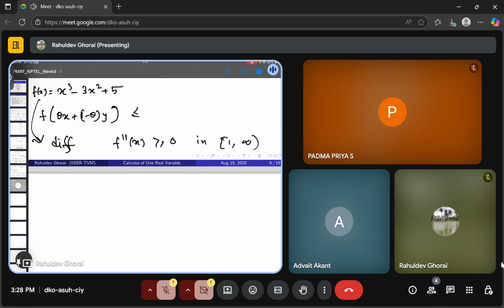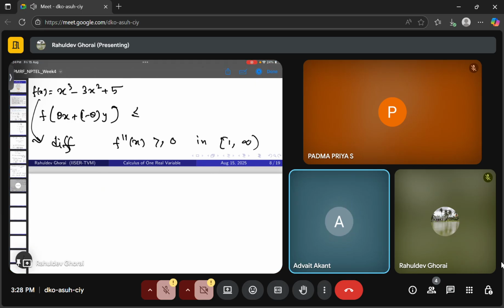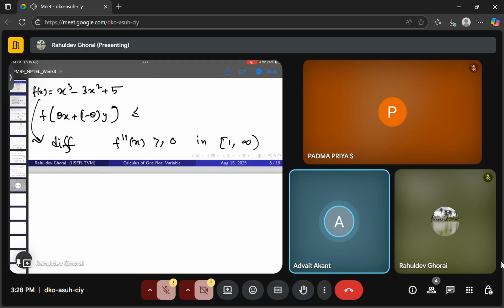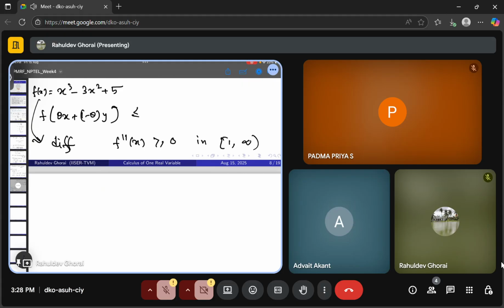Okay, something more I just wanted to give you. Differentiable function. I think it should be 2 to infinity. Are you sure? Yes, because f dash 1 is negative. Let me check this question.